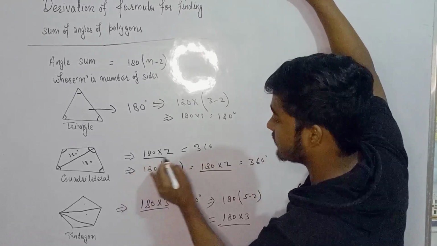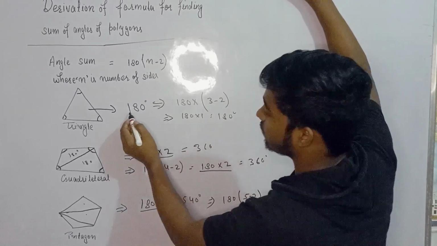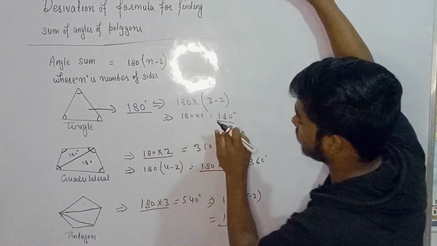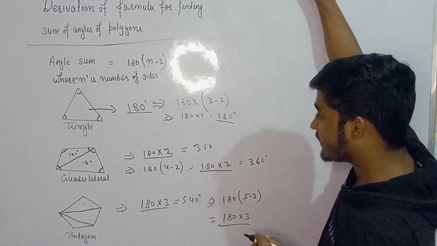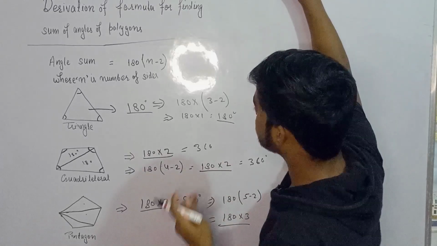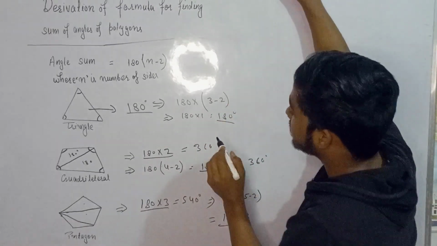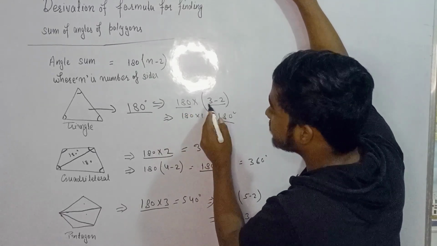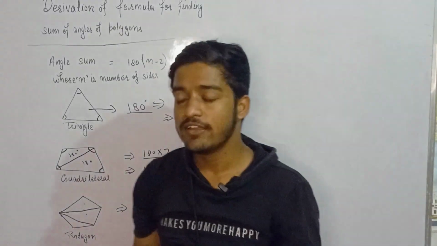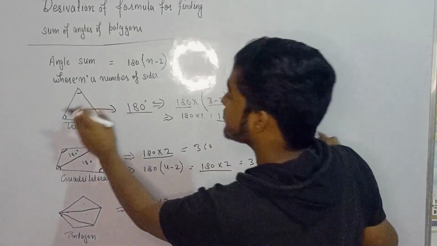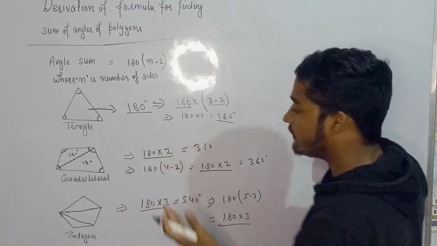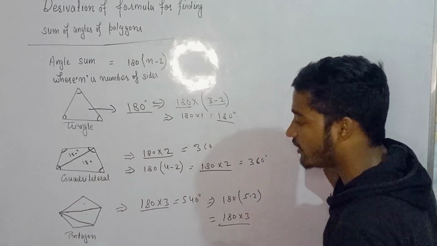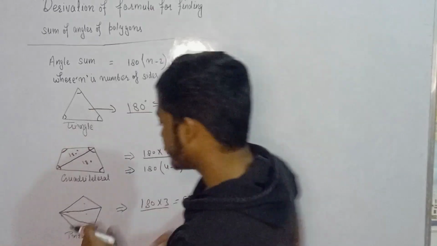Then we can see that the angle 180 degrees when multiplied by the difference of the number of sides and 2, then we can find the sum of angles in that polygon, right?